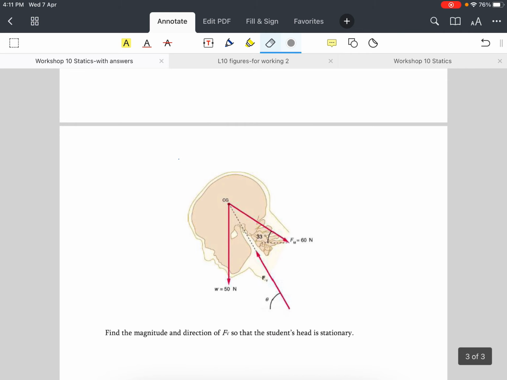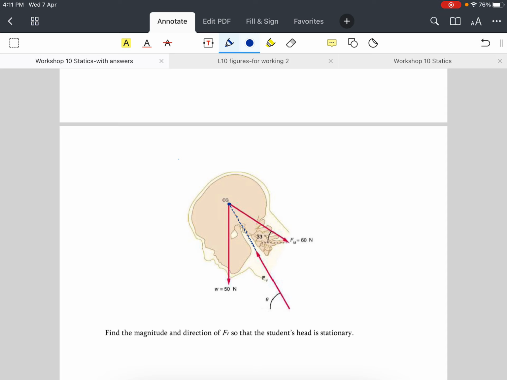mass. So we can see that the weight force is acting through the center of gravity here. Fm is also acting through the center of gravity or center of mass. And if we project Fv, it will also go through the center of mass. So in other words, all of the forces are acting on a single point.